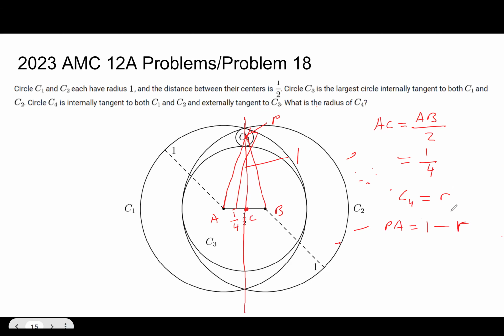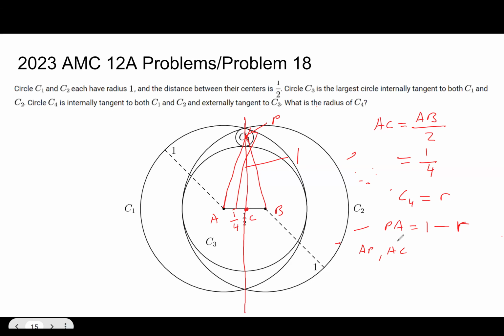Does anyone have any questions so far? No? Okay. Now, we've found AP, we've found AC.